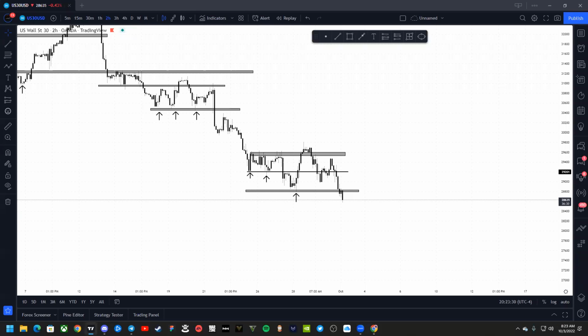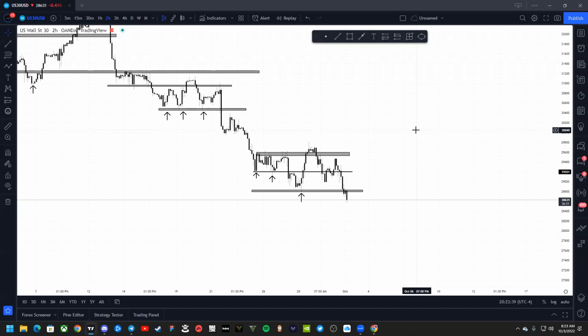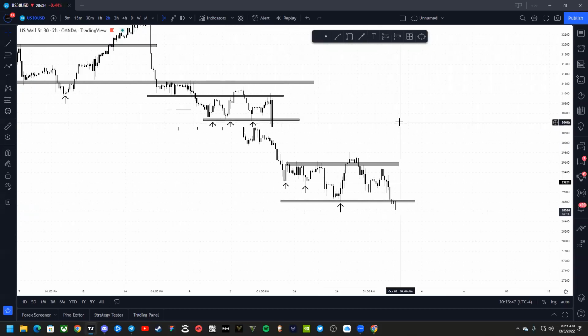I'm not saying the Forex pairs don't have moves, but I find more consistent moves in indices than I do in Forex. But what was I gonna say?